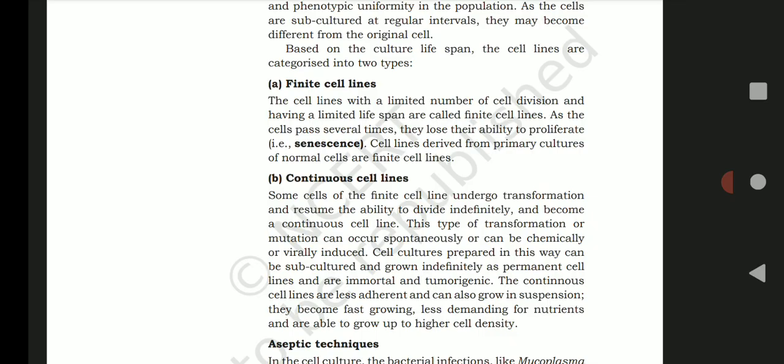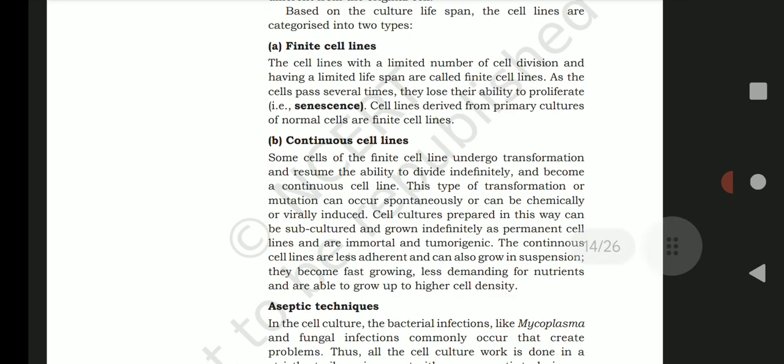Some cells of the finite cell line undergo transformation and have the ability to divide indefinitely to form the continuous cell lines. This type of transformation or mutation can occur spontaneously, or by the addition of some chemicals, or by viral induction.